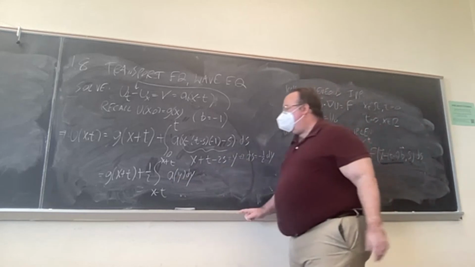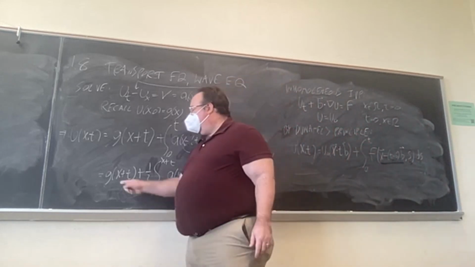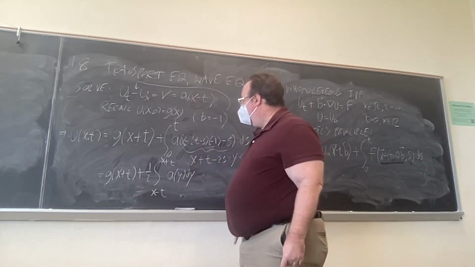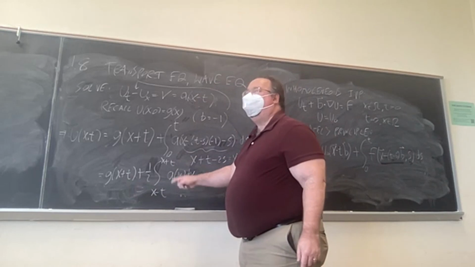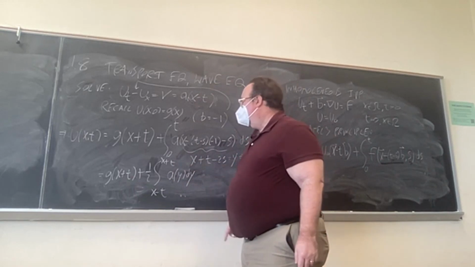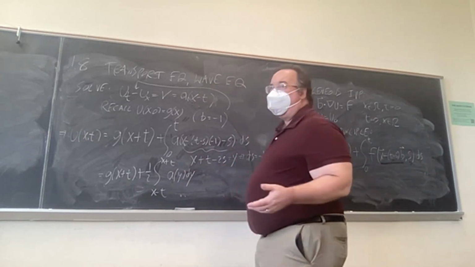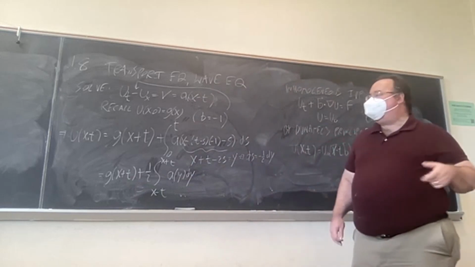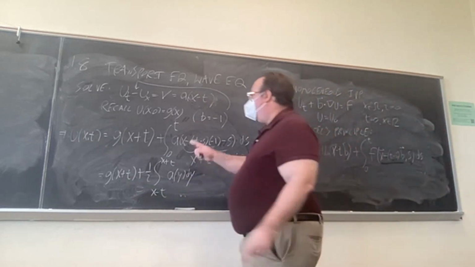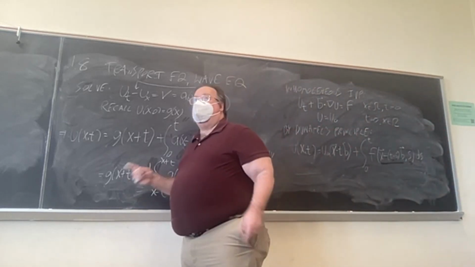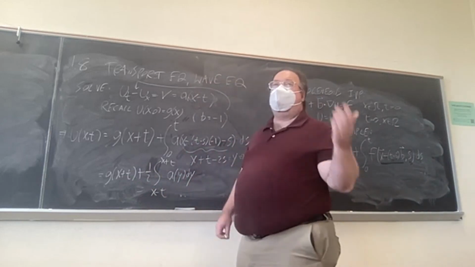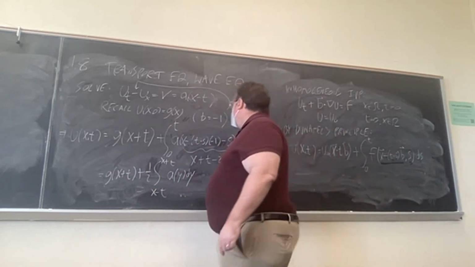Now if I substitute t equals 0, I get g of x from here. And this integral will become 0 because it's the integral from x to x. So it does satisfy that initial condition. So I have to make sure that if I take the derivative of this whole thing with respect to time and substitute t equals 0, that I get the other initial data. That's h of x.